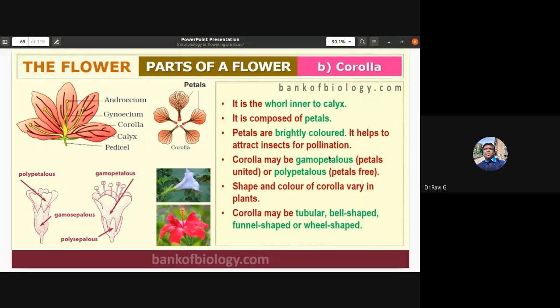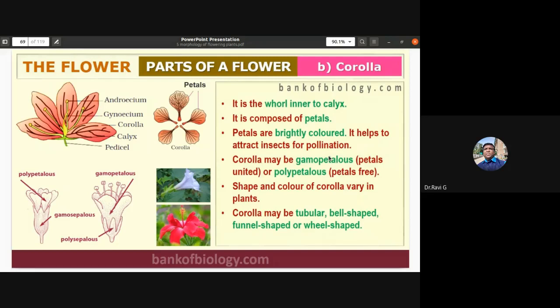Have you seen this Pichkari Mara? Maybe if I say Pichkari Mara, you might not remember it. Commonly we call it Uchekai Mara. Okay, have you seen the flowers? They look like bells. So the flower's corolla is bell shaped. Even there it is fused petals, that is gamopetalous condition.